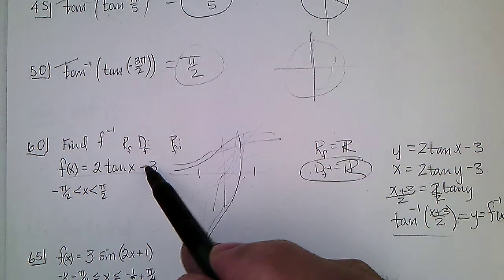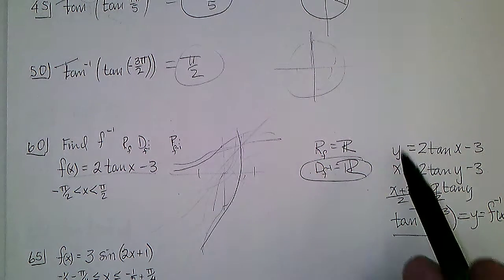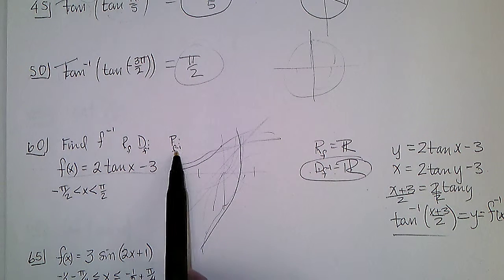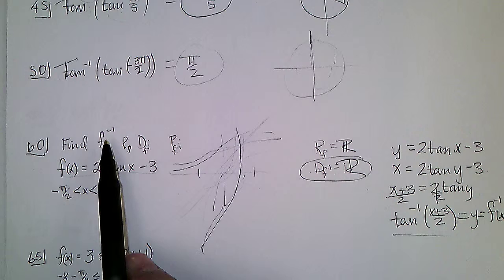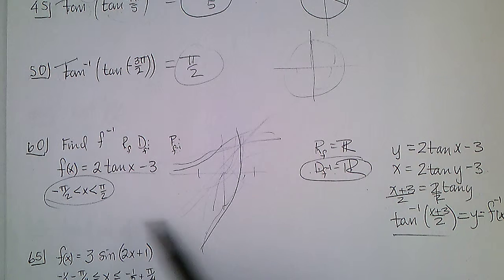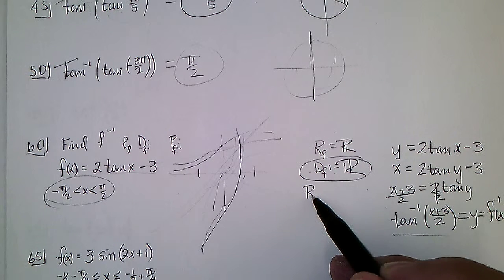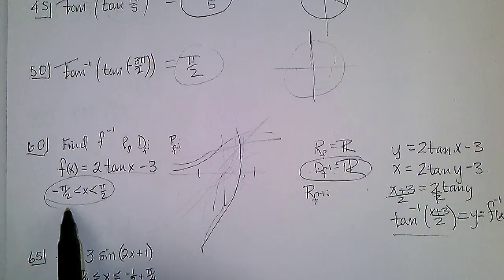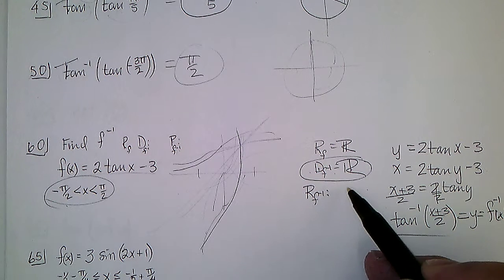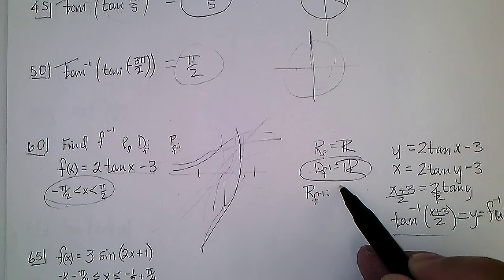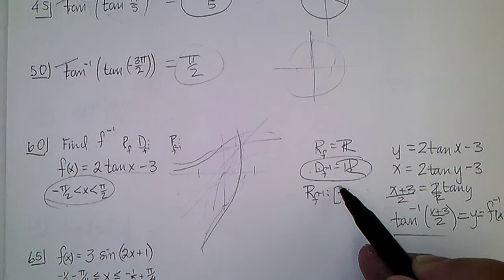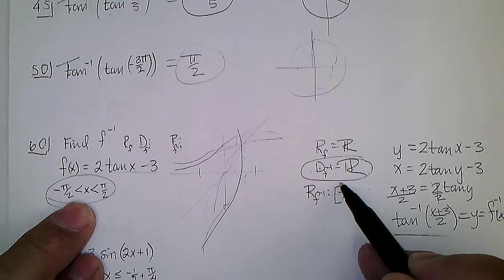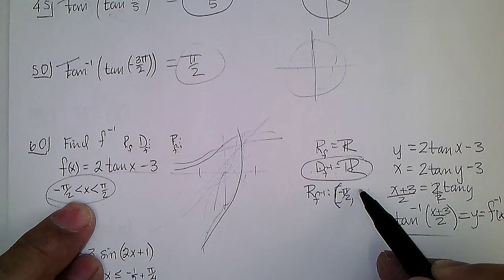So it's a reflection over this y equals x line. And the range will be the old domain, which they told us was this. So the range of the inverse is the domain of the original one, which was the interval from minus pi over 2, open because there's no equal on there, to pi over 2.